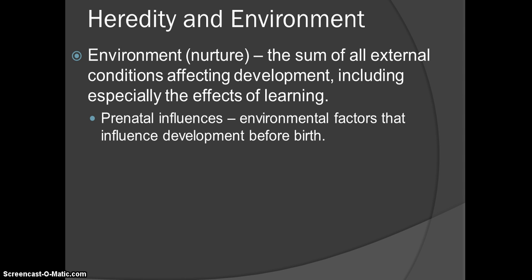Some examples might be the mother's stress levels while she's pregnant, the mother's nutrition, if the mother consumes alcohol or drugs, or potentially if she underwent some sort of x-ray while she was pregnant. Those elements can influence the child and would be considered prenatal influences.